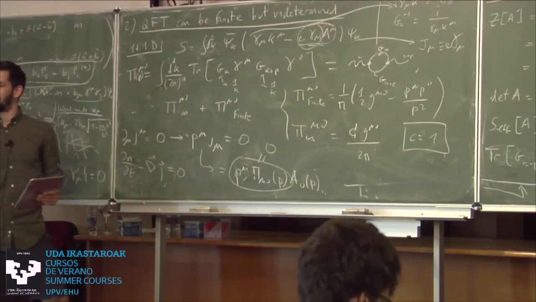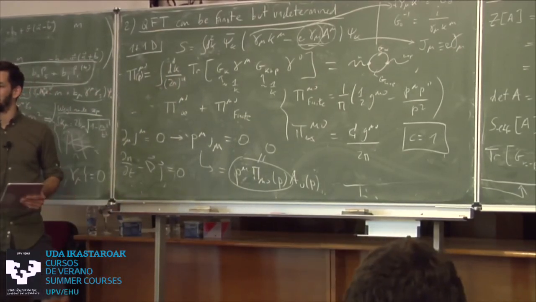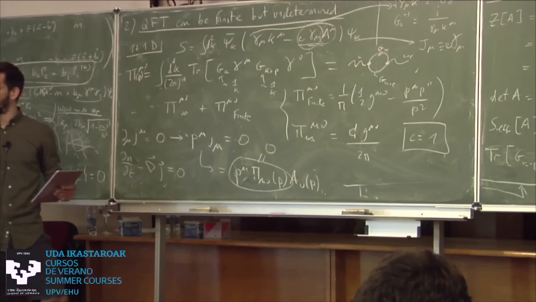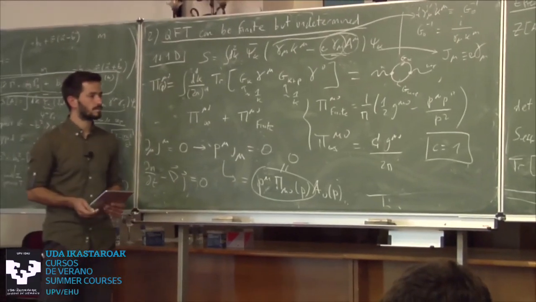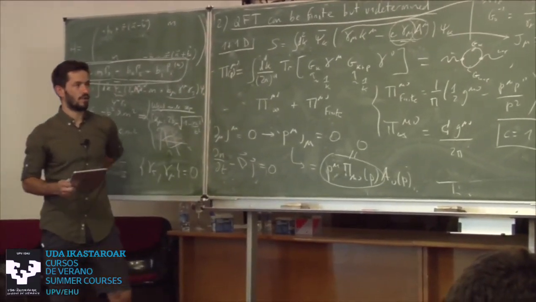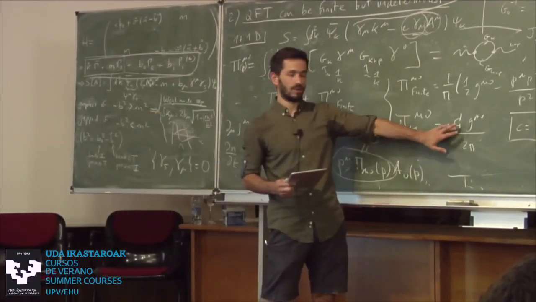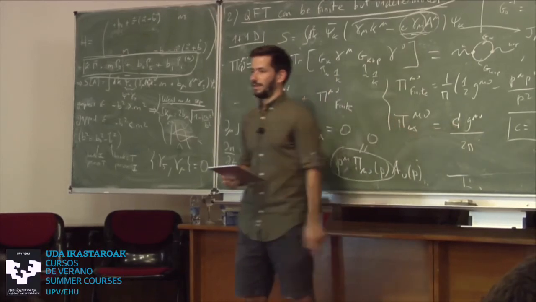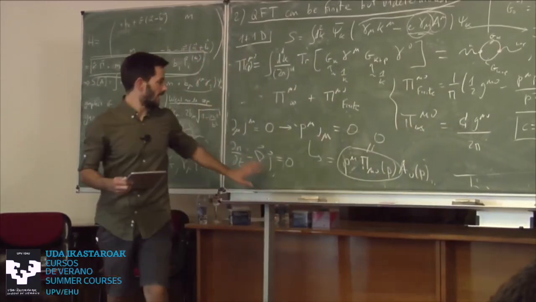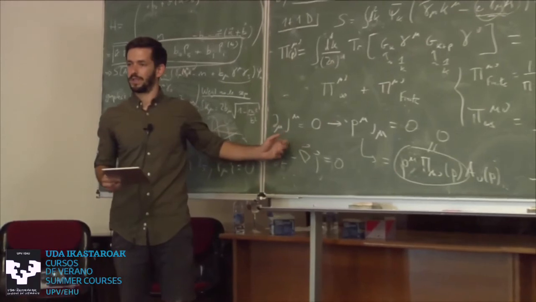So in this case, we can breathe. There's no ambiguity, because we impose charge conservation, and we're fine. So it seems that even though the object we're calculating was regularization dependent, we fixed this ambiguity by requiring this symmetry that we know has to hold.